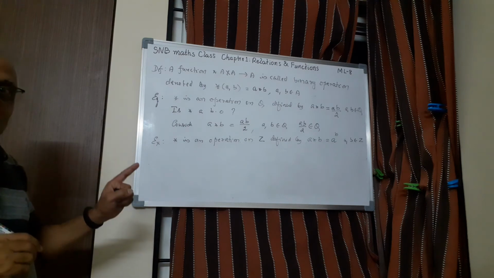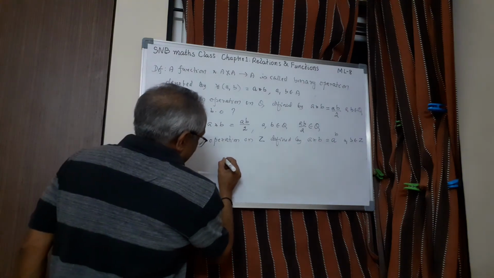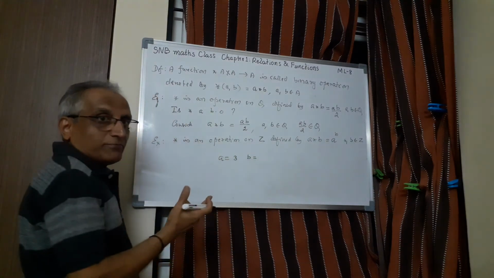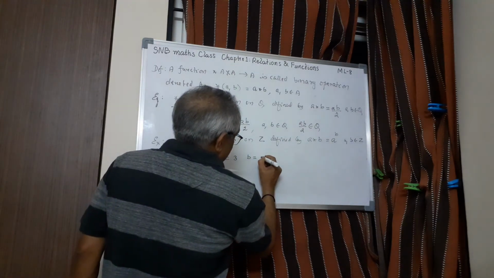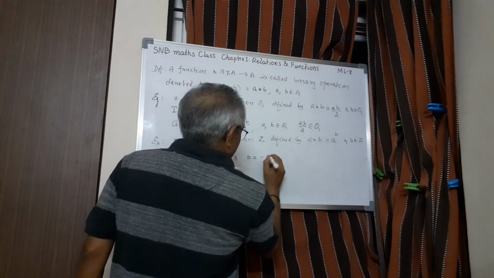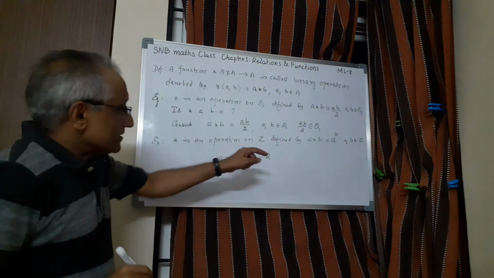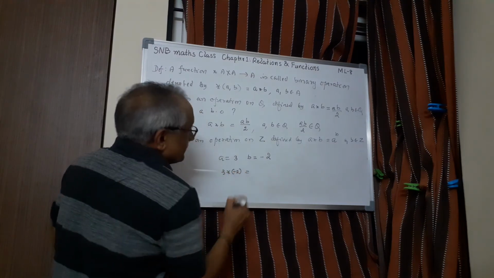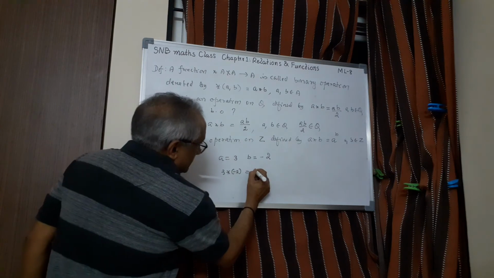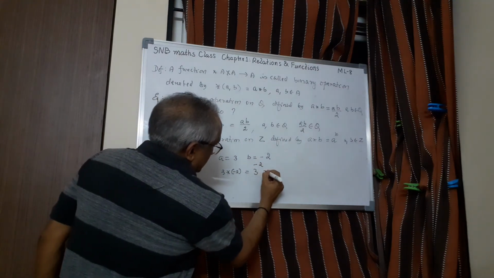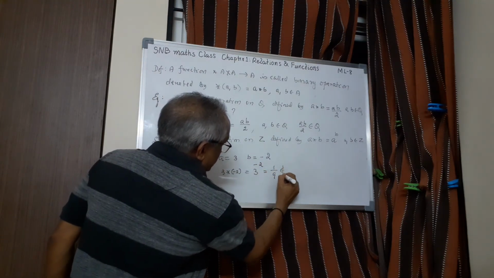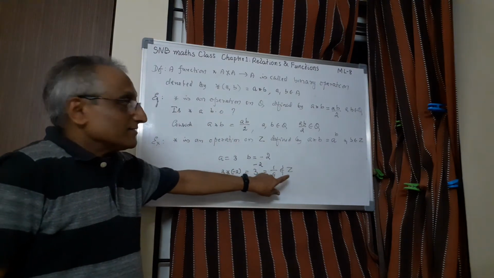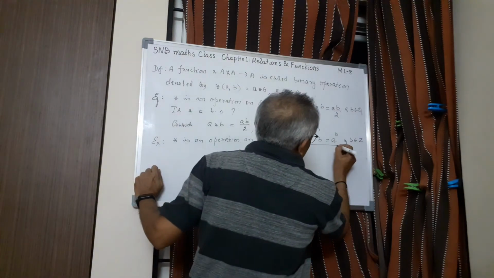Answer is no, because suppose you take a equal to say 3, b equal to, because Z can be positive and negative, say minus 3 or minus 2 you take. Then according to the definition, 3 star minus 2, that is 3 to the power minus 2, this is 1 by 9. This does not belong to Z. 1 by 9 is not an integer. So definitely this is not binary.